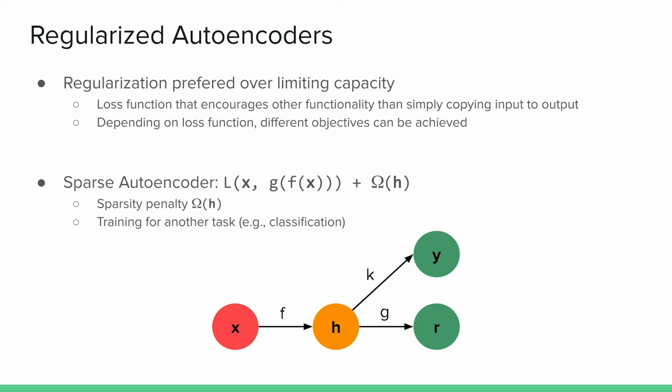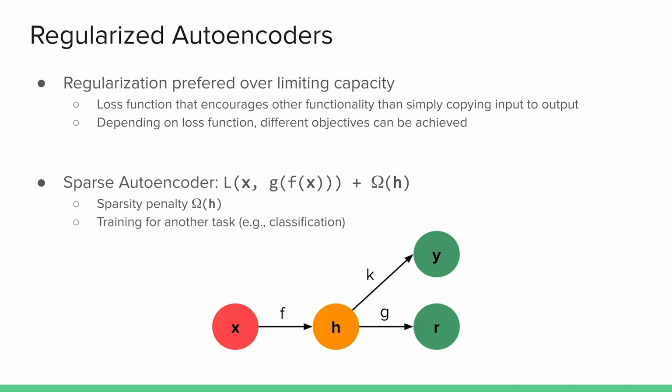the regularization. Regularized autoencoders are actually preferable over autoencoders that have a smaller capacity, where we just reduce the number of neurons. How we can regularize an autoencoder could be, for example, that we add an additional loss. That's a good way.